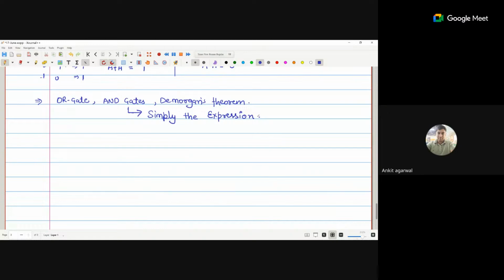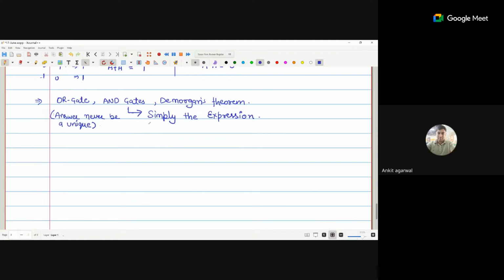But remember one thing: when you simplify the expression, the answer is never unique. Different students will get different answers, depending on the approach that you follow.